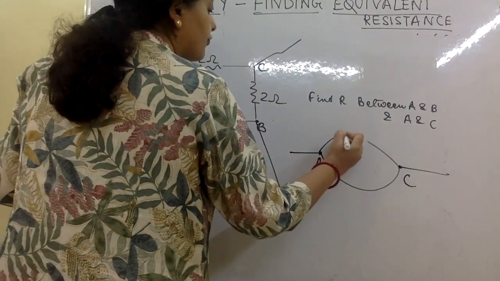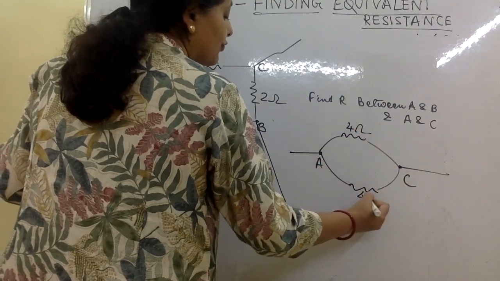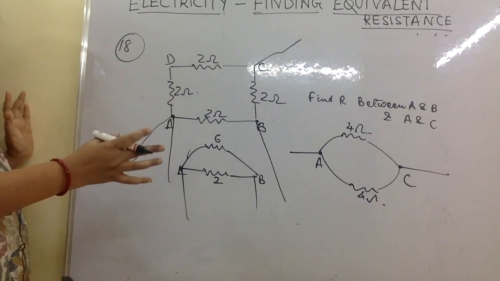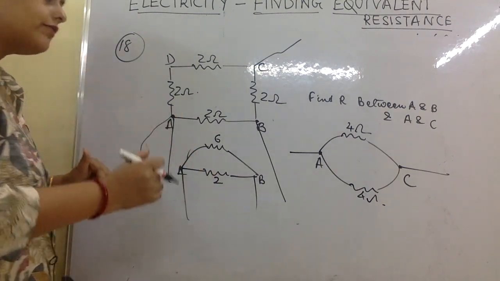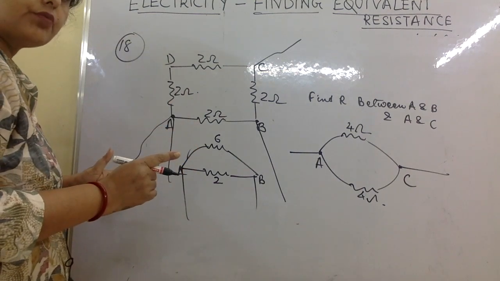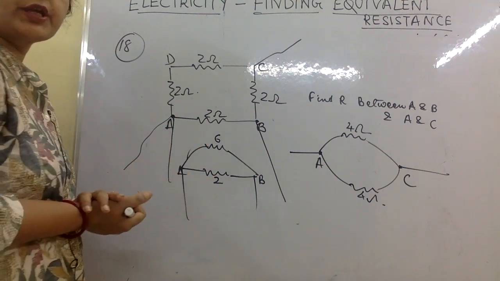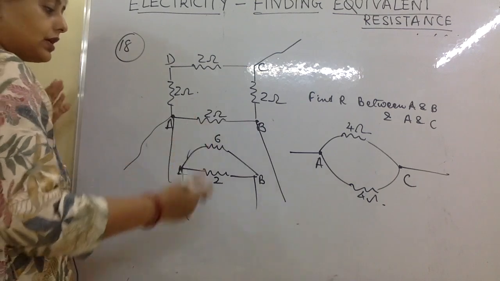So it is 4 ohms, and here again another 4 ohms. So this is the basic difference. That is why I am saying always keep looking for junction points. Which is the junction point? You can't just look at it and start doing it. You have to see which are the two junction points. So between A and B, the answer will be different.